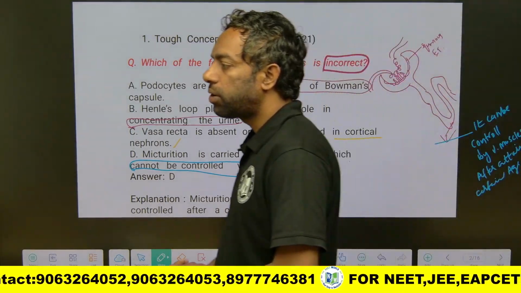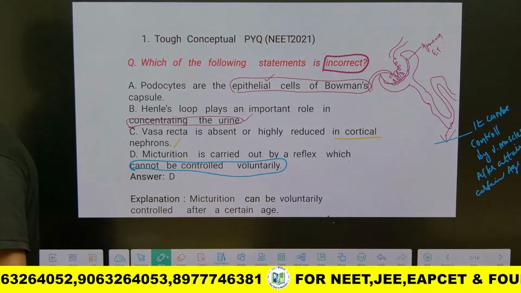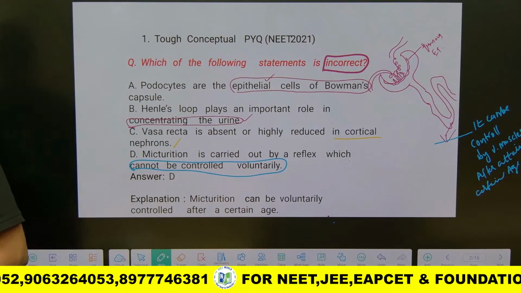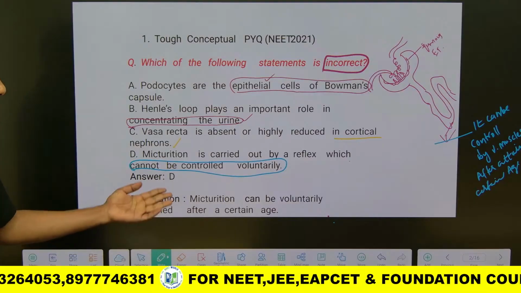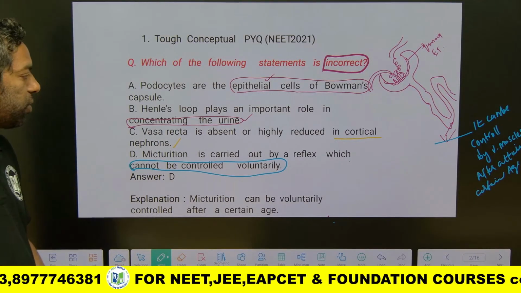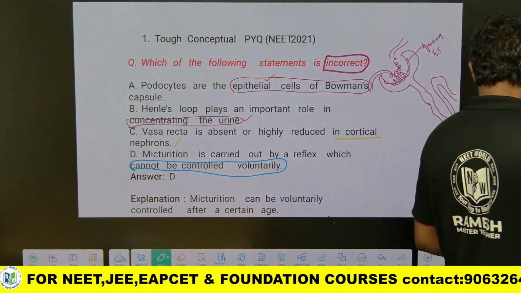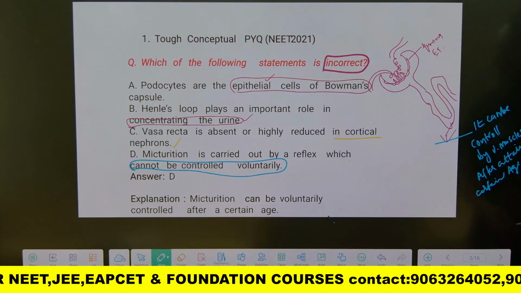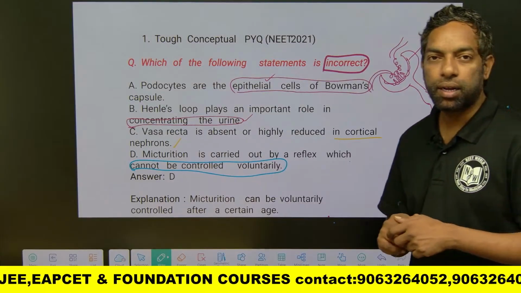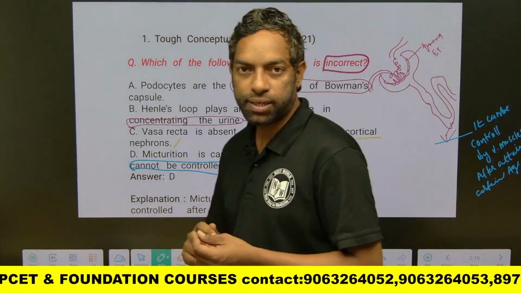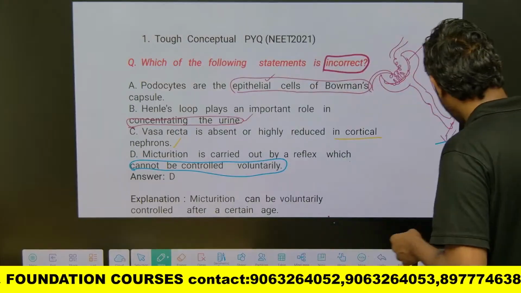So the fourth option is the wrong answer. This is voluntary, it can be controlled. Micturition is controlled by certain voluntary muscles. Yes, voluntary muscles, along with the autonomic nervous system.